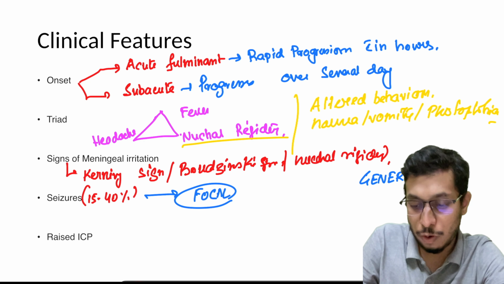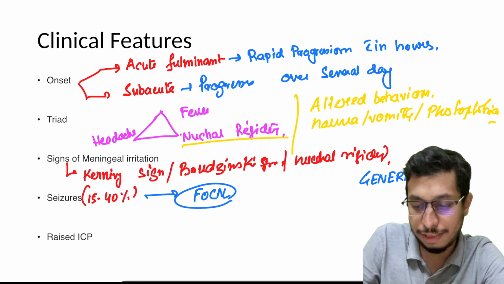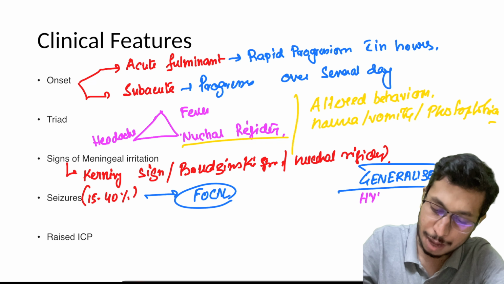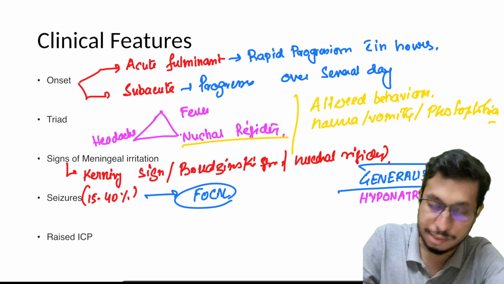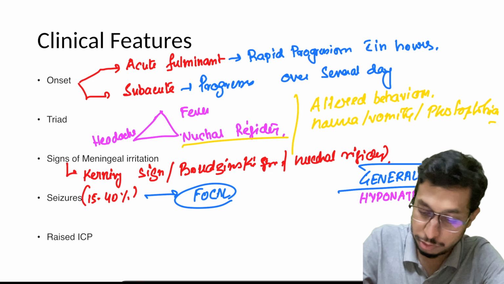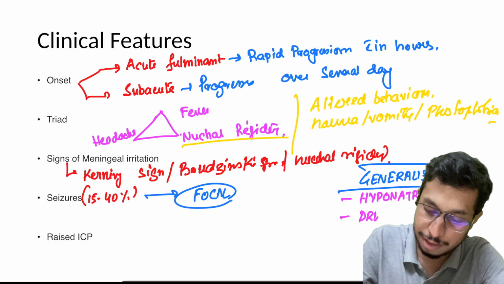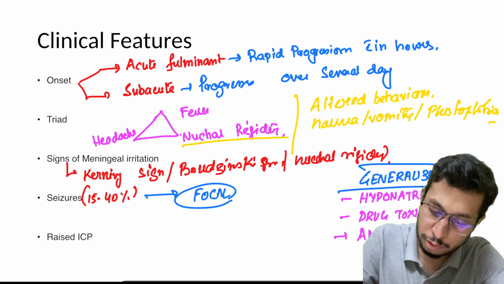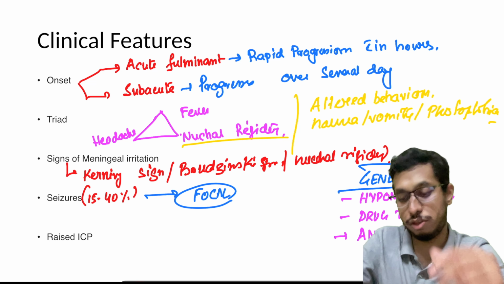Look guys, while managing this patient of meningitis, there is high chance of electrolyte abnormality, the most common being hyponatremia. Hyponatremia leads to generalized tonic-clonic seizure. Besides this, status epilepticus can also be seen due to drug toxicity while managing the patient, or a generalized state of anoxia, a decrease in oxygen supply to the brain tissue, will lead to GTCS.